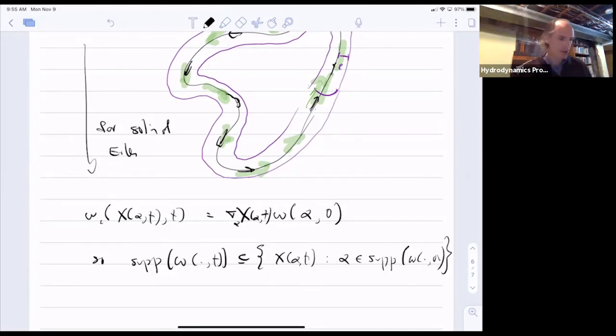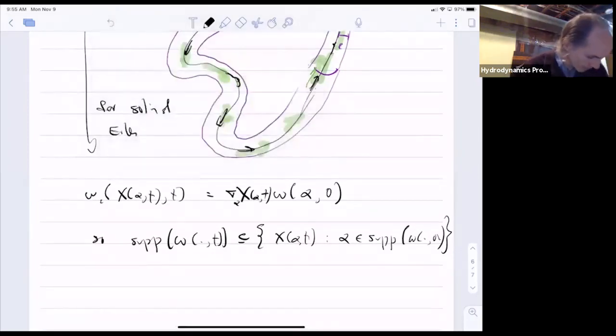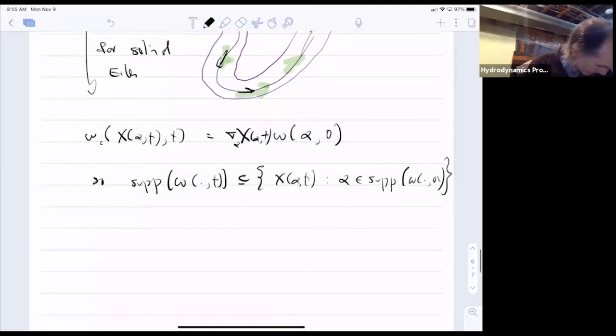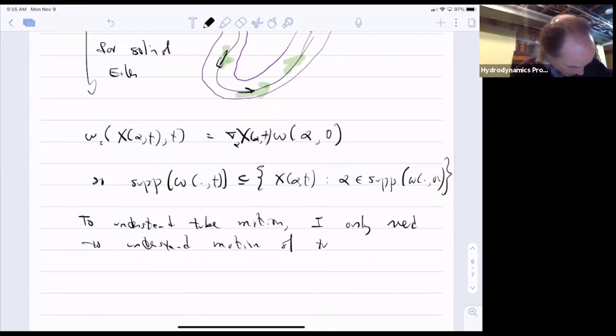And so in principle, if I want to know how the whole tube is evolving, I just have to know how the boundary of the tube is evolving. To understand the tube motion, I only need to understand the motion of the tube boundary.